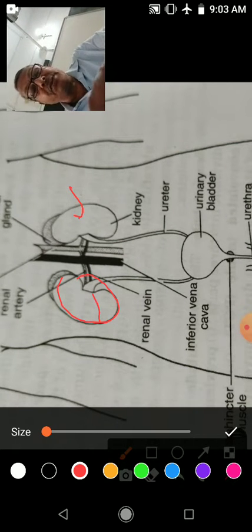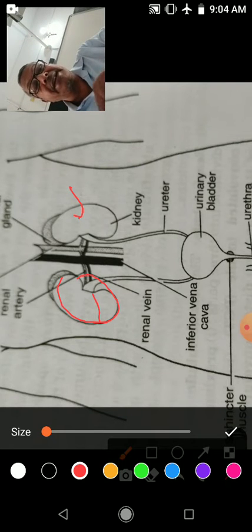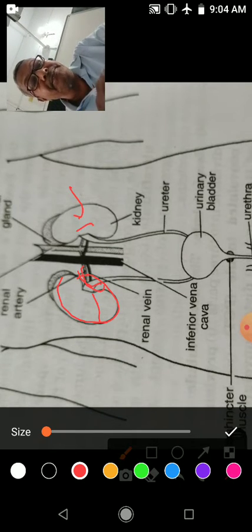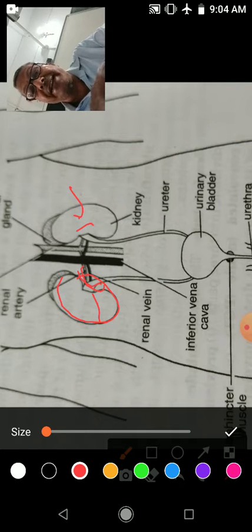When you see the structure of the kidney, kidneys are dark red and bean-seed in shape, and there is a depression on one side. This depression is called the hilum, and it is present on the concave side.